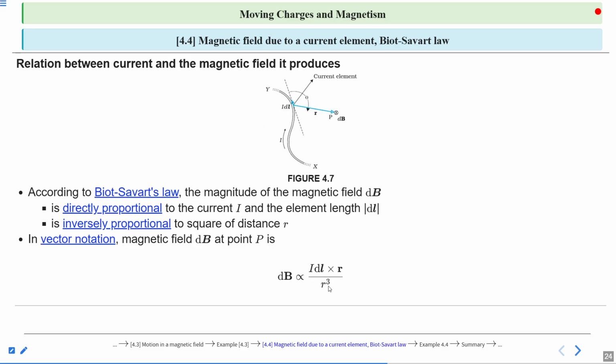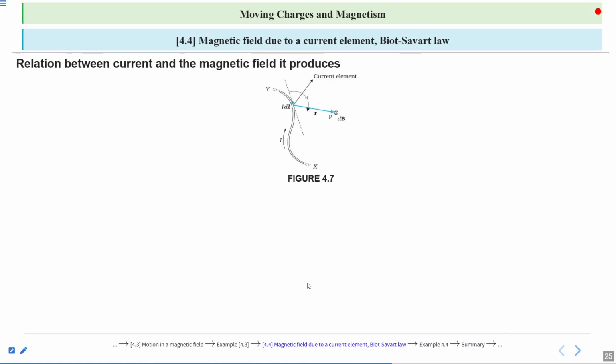In scalar form, or magnitude, there is r square. We are going to see the magnitude of dB also. So dB is proportional to I dl cross r upon r cube. Now we have to remove the proportionality sign. After removing the proportionality, we are left with dB equal to, with the constant of proportionality mu naught upon 4 pi, I dl cross r upon r cube.